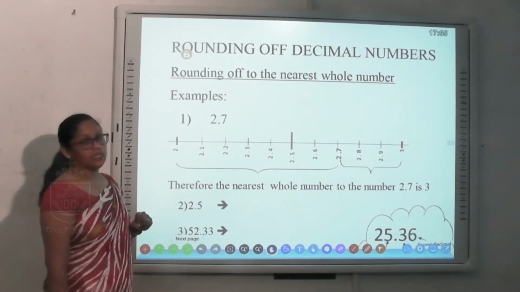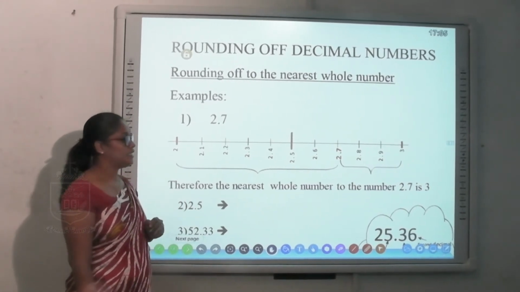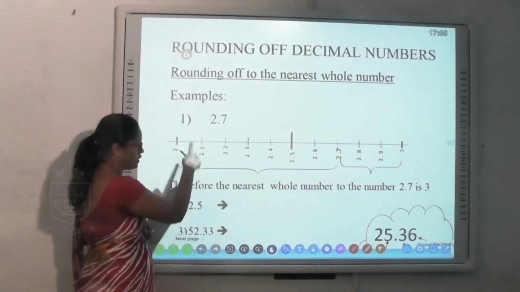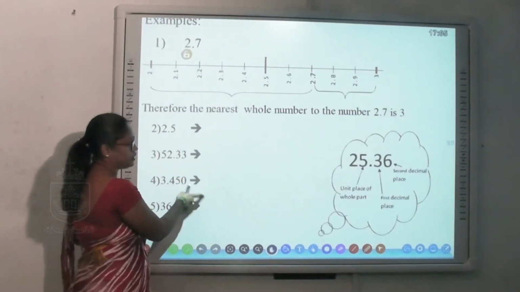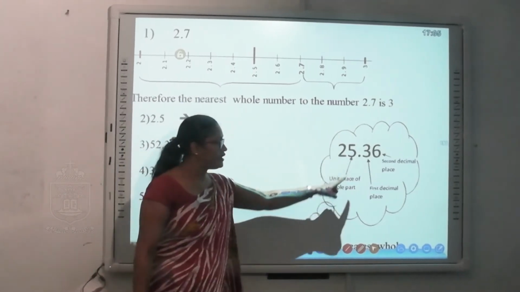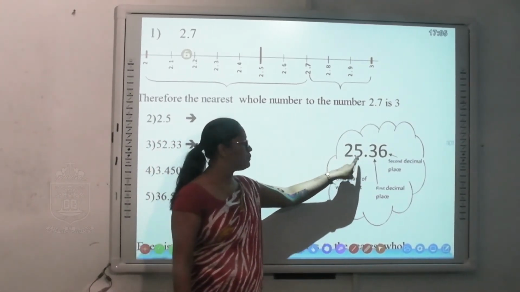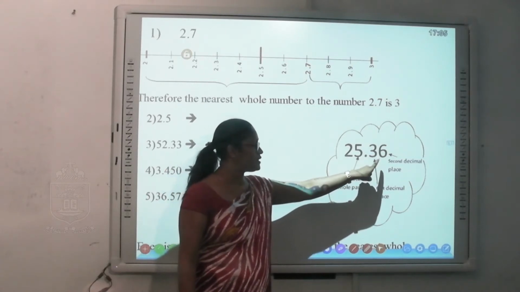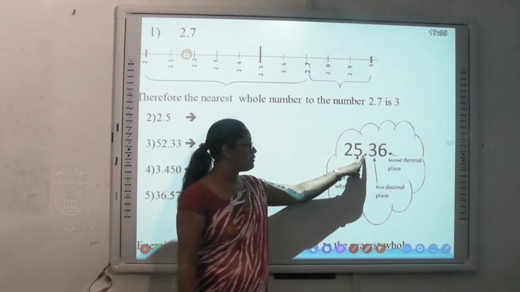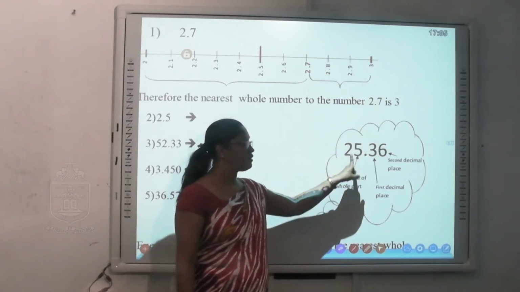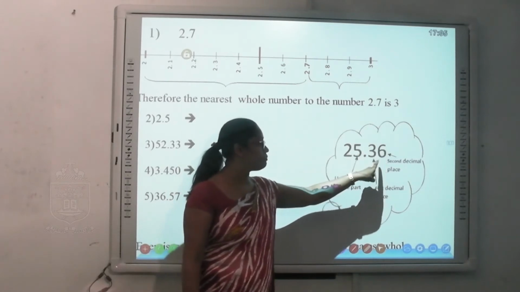Now we will move to the last part of the lesson, rounding off decimal numbers. Before I move to the theory part here, I just want to show you the content in a decimal number. When we read it like this, 25.36, the part which is in front of the decimal point we call the whole number part, and this part we call the decimal part.